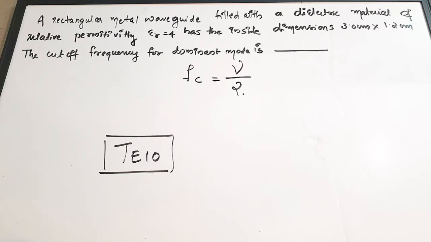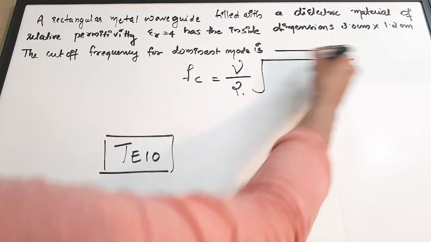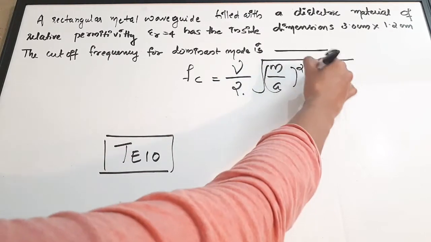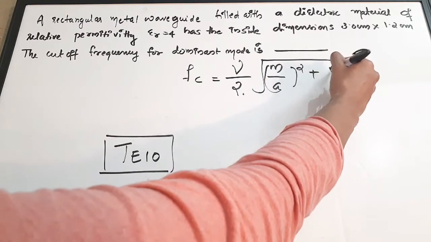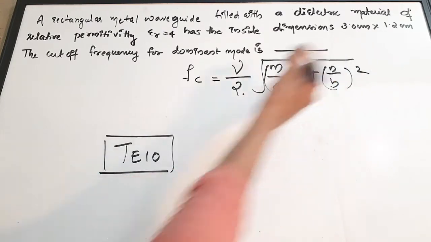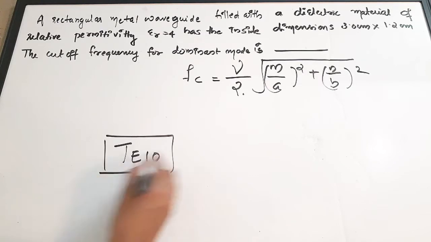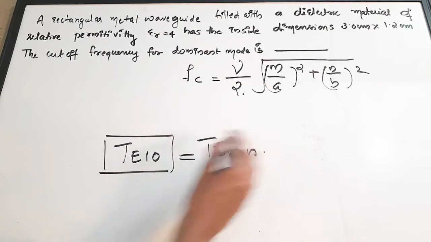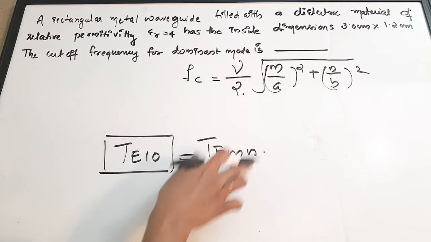V by 2 square root of (m by a)square plus (n by b)square. This is a very famous equation, and if you don't know, please note it down. The general way of notating a mode is TEmn, so m is here and n is here.